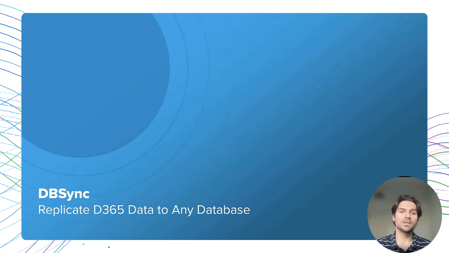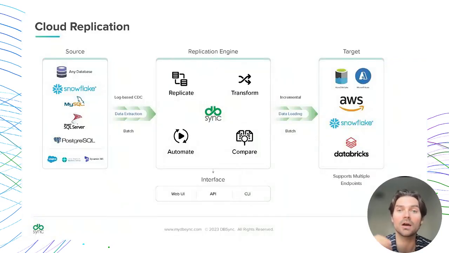Now, that could be Dynamics 365 customer engagement, sales, field service, it could be Business Central, it could be finance and operations. And I'm going to be showing you on our DBSync Playground for our cloud replication tool. Now, again, it's really simple. You get to select any source you want. That could be SaaS applications, again, like the Dynamics stack, or it could be Salesforce, or it could be HubSpot.